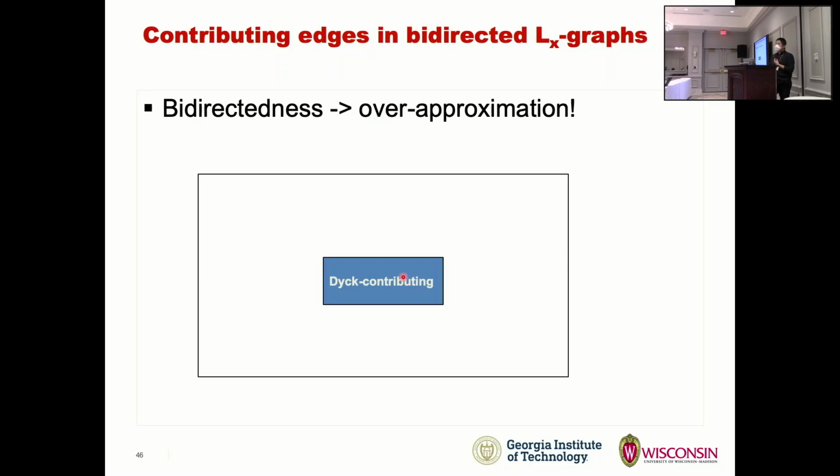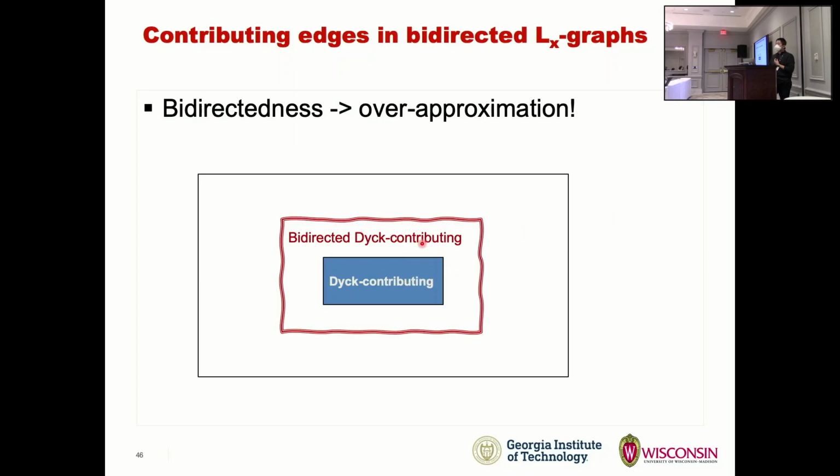But this problem, although it's decidable, is somehow expensive. So we take a faster path and relax the problem, modeling it as a bidirected Dyck-reachability problem. And now with the fast Dyck algorithm, we are able to compute a superset of the Dyck contributing edges, because bidirected Dyck-reachability is over-approximating Dyck-reachability.